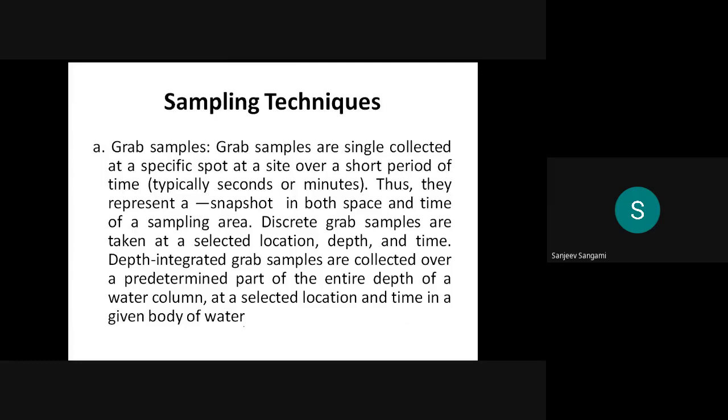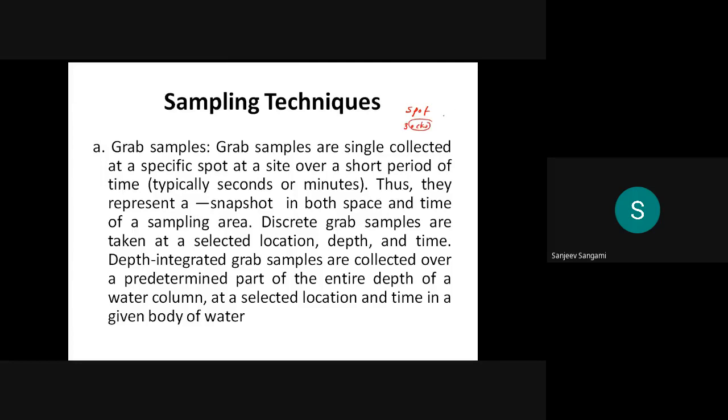Grab samples are single samples collected at a specific spot at a site over a short period of time. It means the person will go to a spot and collect, for example, at 3 o'clock.